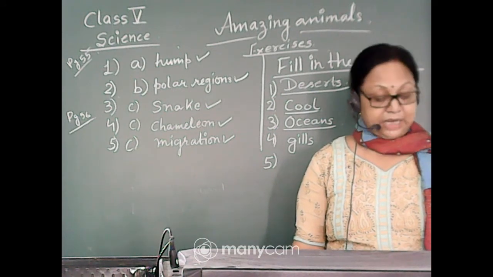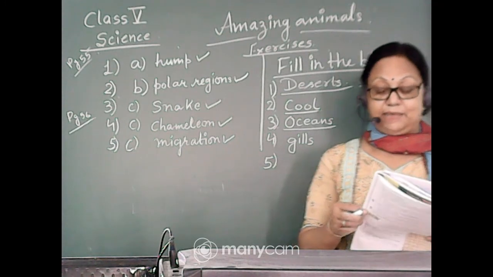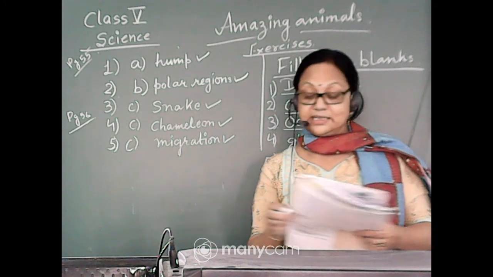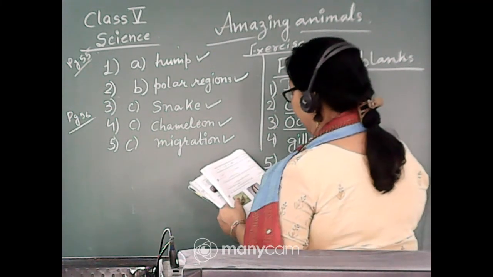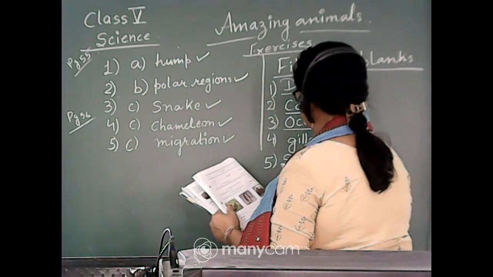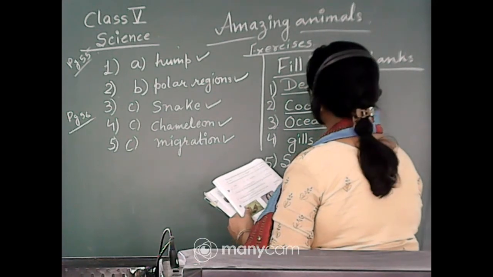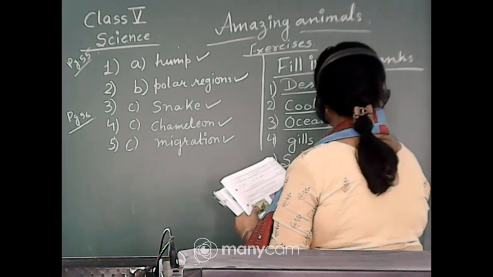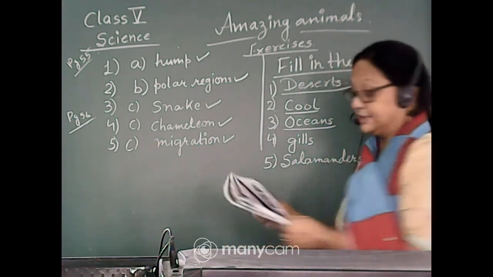Salamander is an amphibian, so we will write salamanders. Salamanders can live both on land and in water. So the answer is salamanders.